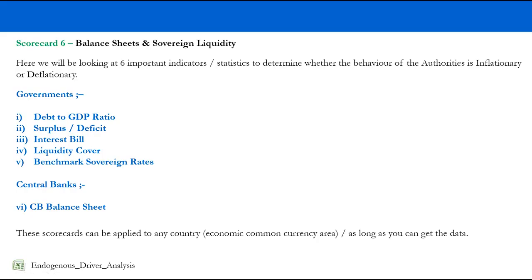That gives us a gauge on the behavior as to whether it's inflationary or deflationary overall on an endogenous basis. Now, these scorecards can be applied to any country or economic common currency area as long as you can get the data.